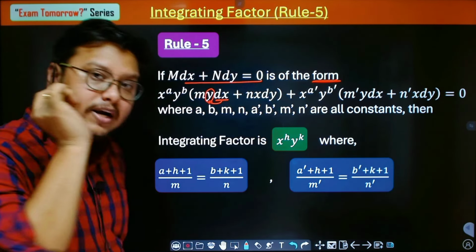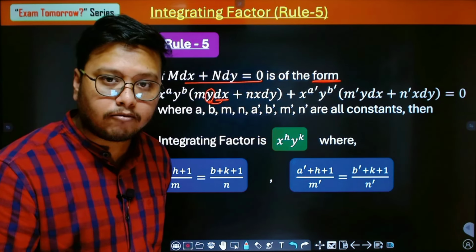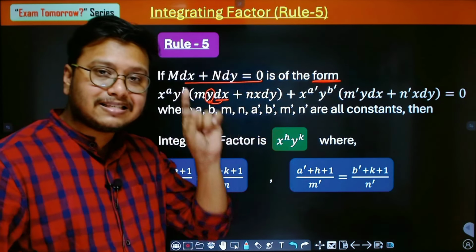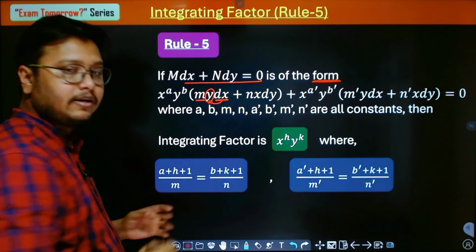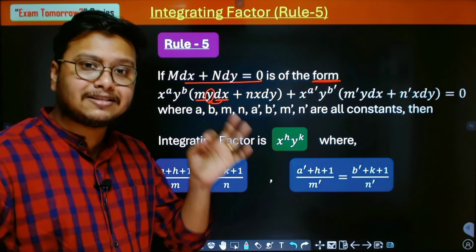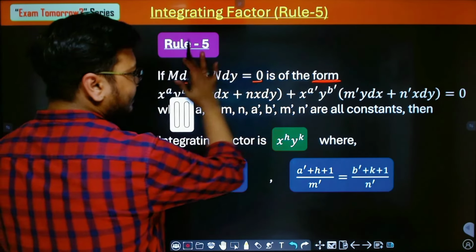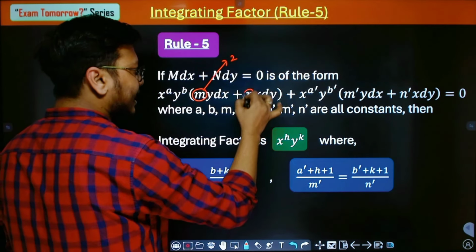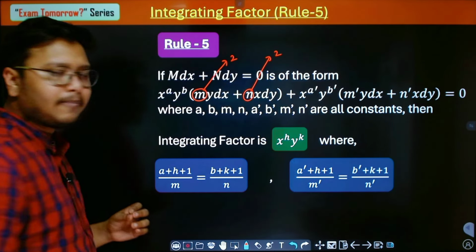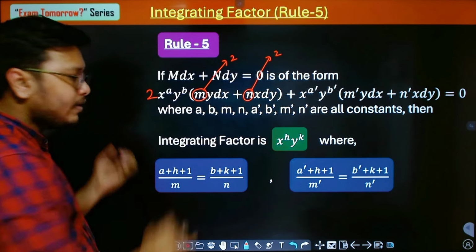Remember, y, only y, not y square, not some other term of y, only one single y, and it can be followed by a constant, not more than that. M is a constant. Now see, maybe in some particular question, let's say this m value is 2, this n value is also 2, so someone might have a tendency to take the 2 common outside and write it over here.